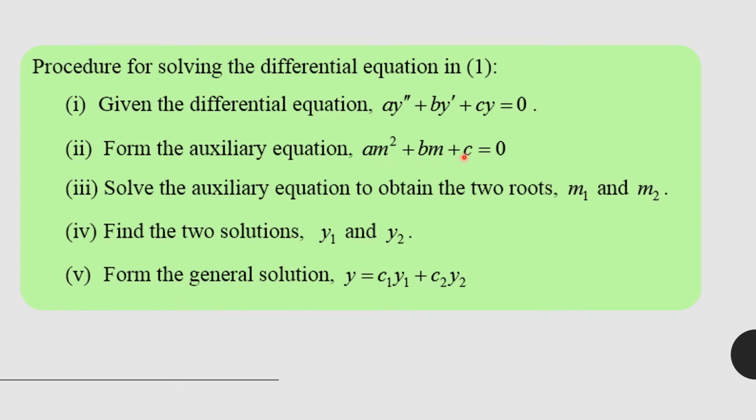Once you've got the auxiliary equation, you solve this equation to get two roots, m1 and m2, and the m1 will lead us to the solution y1, and m2 will lead us to the solution y2. So once we've got the y1 and y2, we can form the general solution written in the form of y equals c1 y1 plus c2 y2.